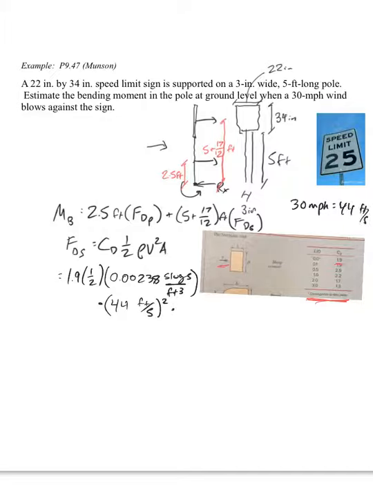And then we're multiplying that by A, which is the frontal area of the sign, so it's 22 inches times 34 inches. That gives inches squared, but I want feet squared, so I divide by 144 inches squared per foot squared.